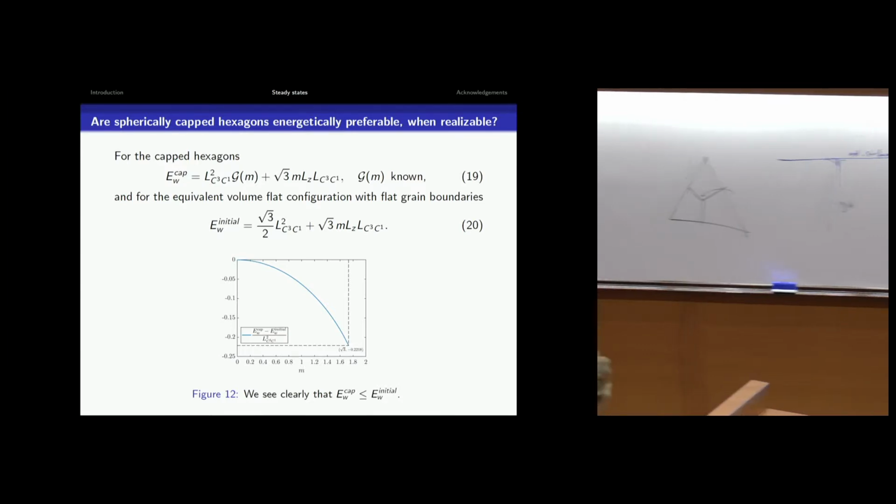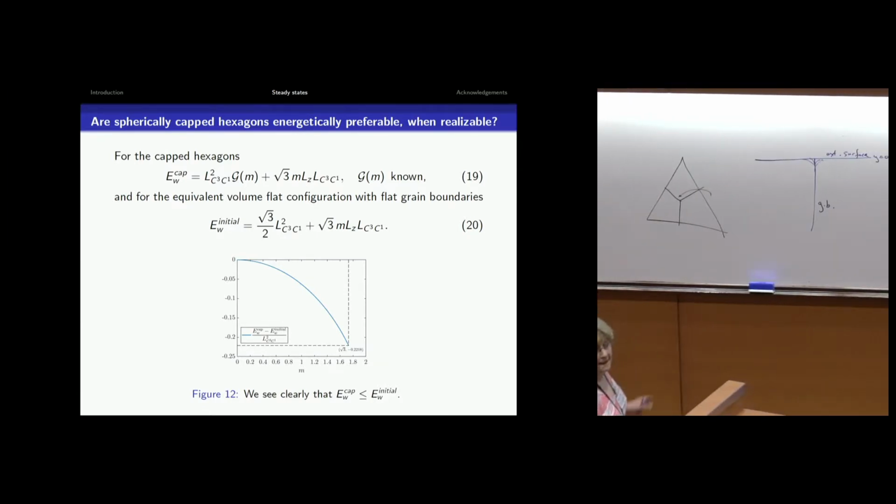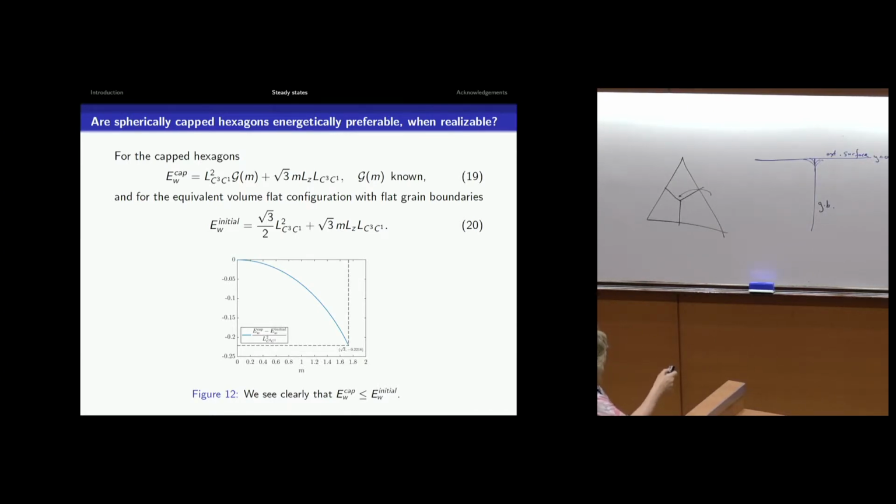And then you want to ask at the switching, are they energetically preferable? So we compare these capped hexagons to a flat surface. And this is a plot done by Vadim based on the formulas previous. Okay, that in fact the capped is less energy than the flat.